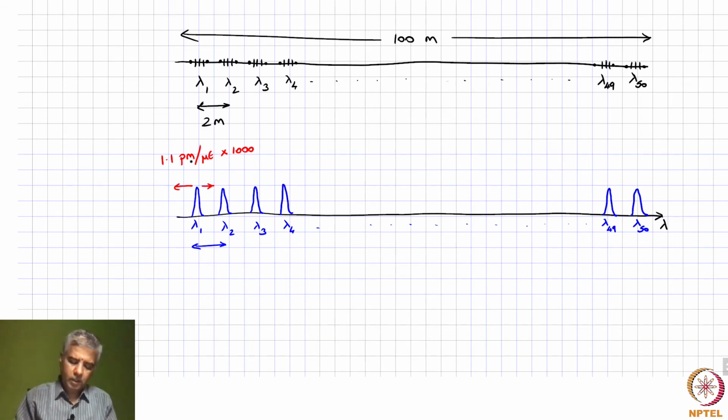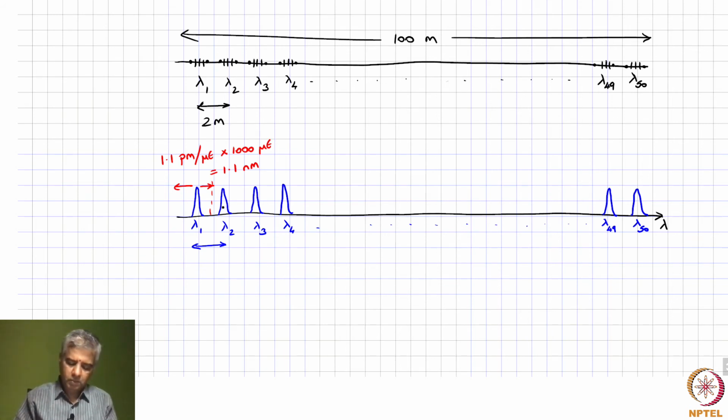So 1.1 picometer per microstrain, and that is over 1000 microstrain. That corresponds, on just this side itself, to 1.1 nanometer, and 1.1 nanometer on the other side as well.